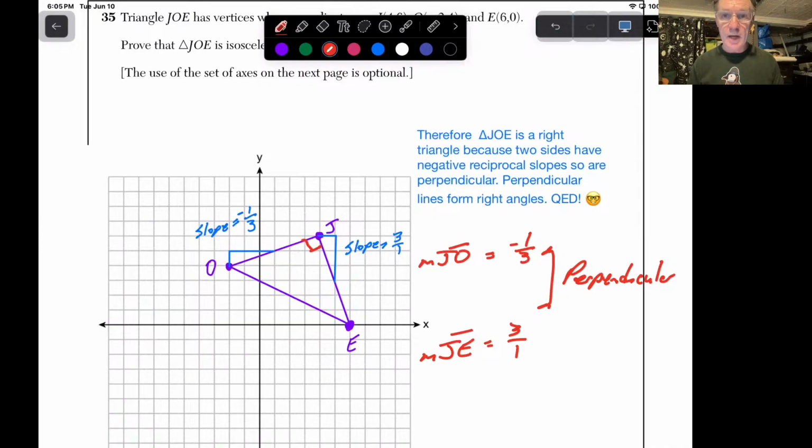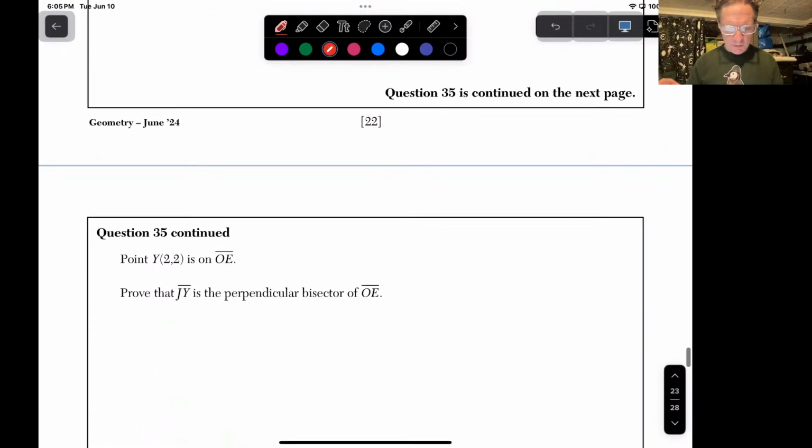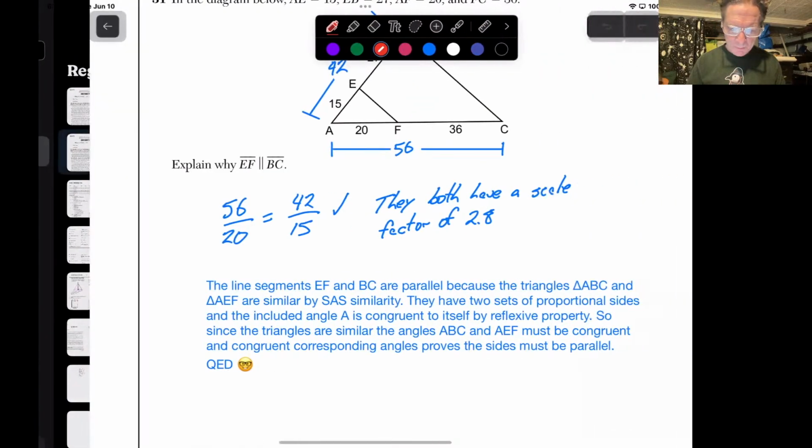Let's look at the next part, because the next part wants us to prove that JY is the perpendicular bisector of OE. So let's take a look at this.